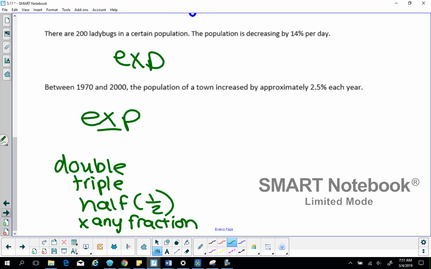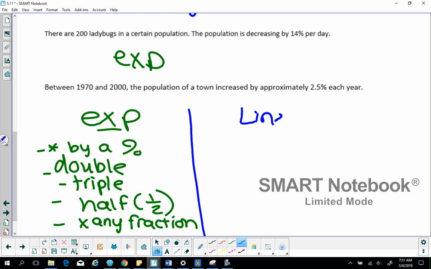So you can just write that at the bottom. We know something's doubling, tripling, half, or multiplying by a fraction or a percent. We know it's linear if it's adding or subtracting over and over again.